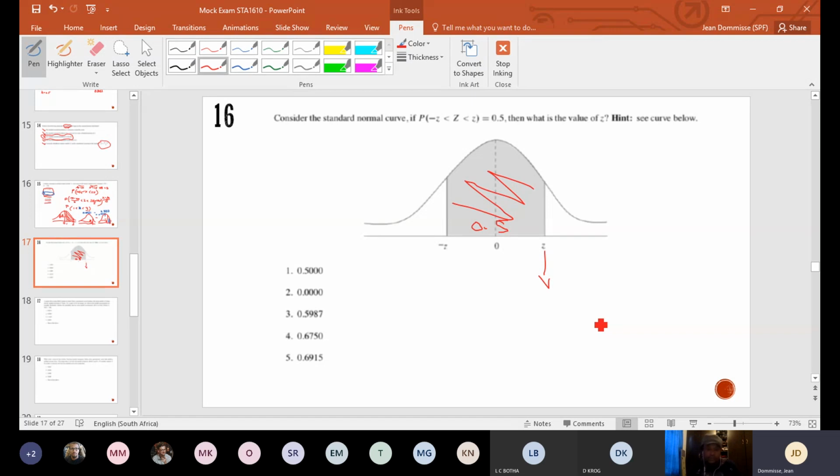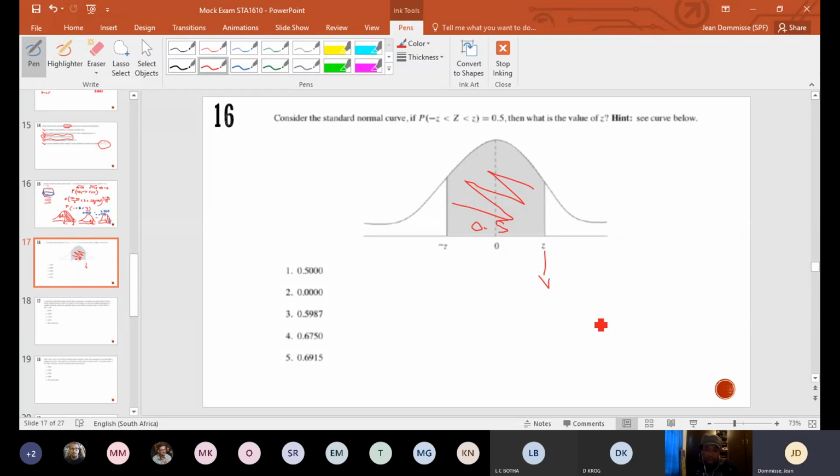Or was this one of those that also was a bit of a weird one? Was it a difficult one?